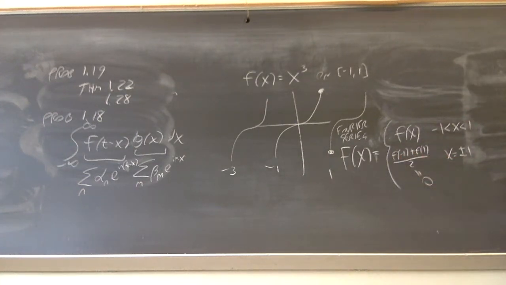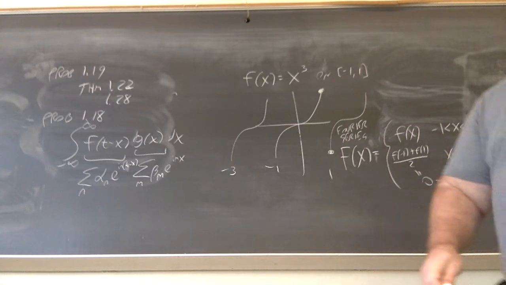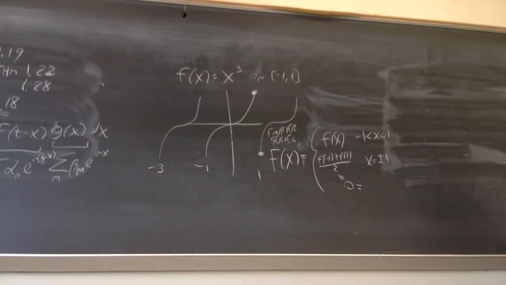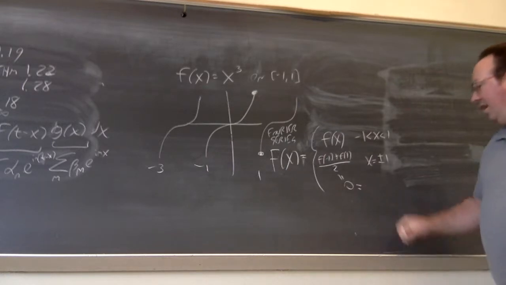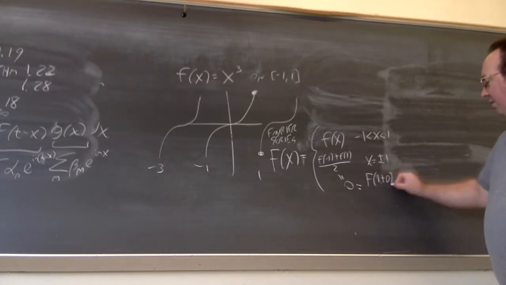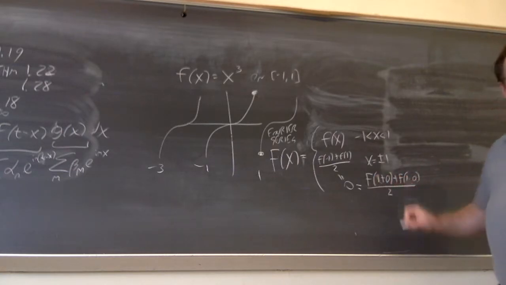But if I were to describe this in terms of the theorem, well, the theorem is actually for a function that's already periodic and happens to have a jump. So if I do this, I can say f of 1 plus 0 plus f of 1 minus 0 over 2.